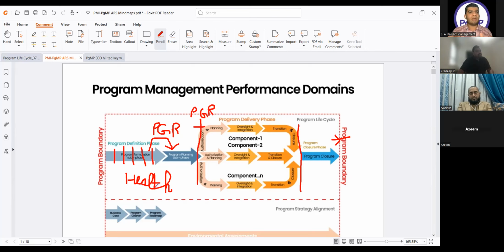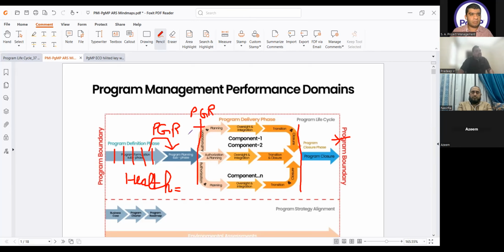It is the responsibility of the program manager to do it, and no decision is taken. If he finds any abnormality, he will inform the program steering committee, and then they could call a meeting to make a decision. But health check is equal to the program manager, and whenever we have a phase gate review, it will be from the steering committee.